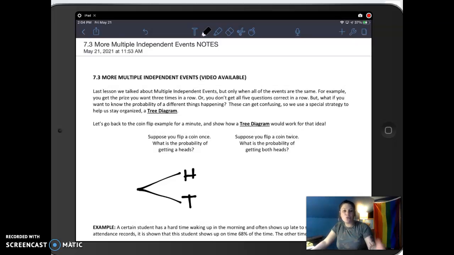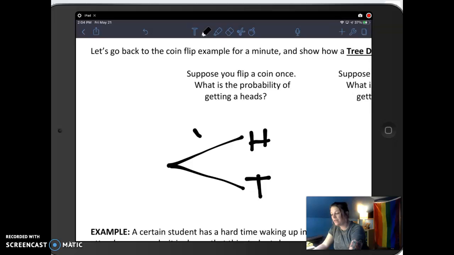First, let's talk about where we put the probabilities. When making a tree diagram, you put the probabilities on each one of the forks. So you have a 50% chance of each. I could write it as 1/2, or 0.5, or 50%.